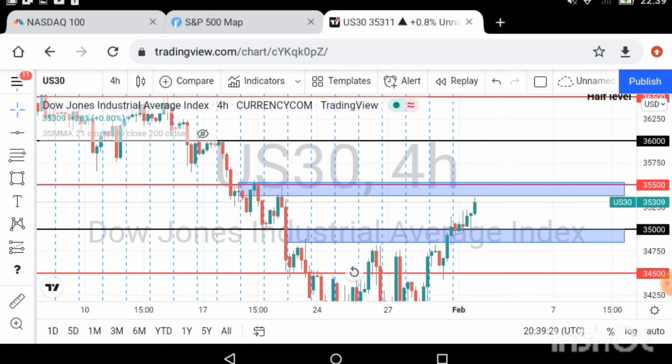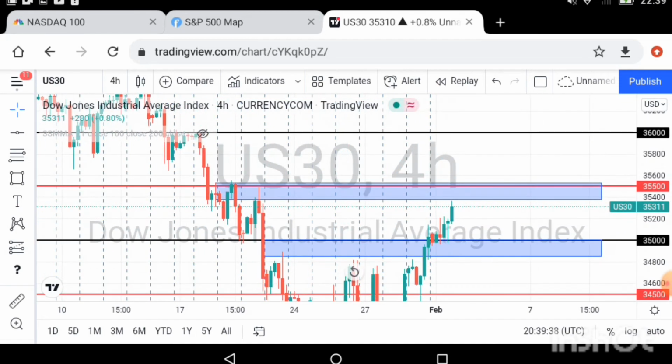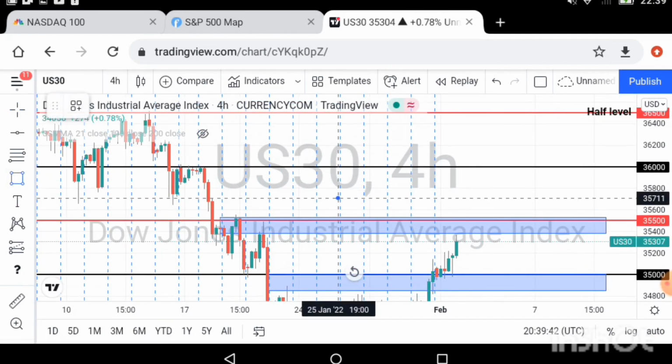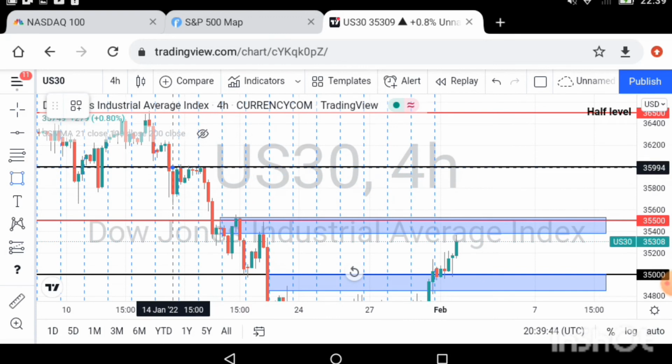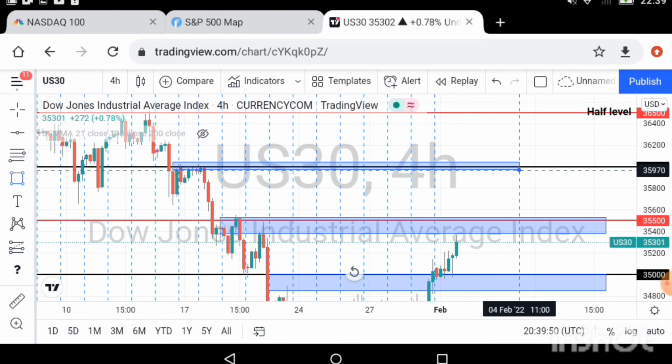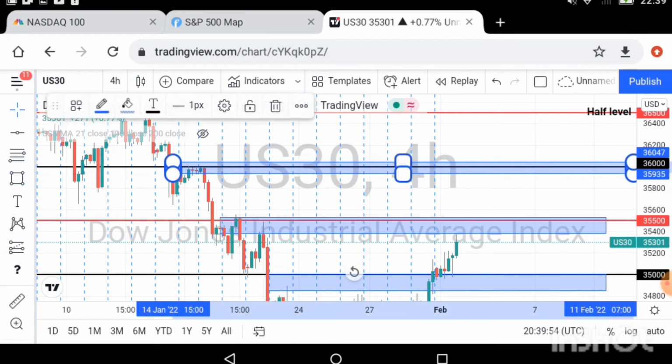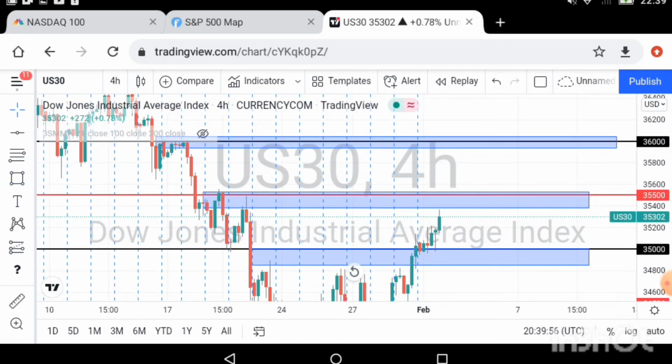Oh, this also will be a potential level, and it's a major level. You see the price action that was happening here. Practically, these natural levels support the theory.